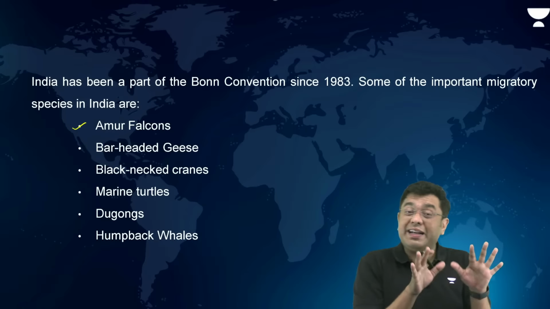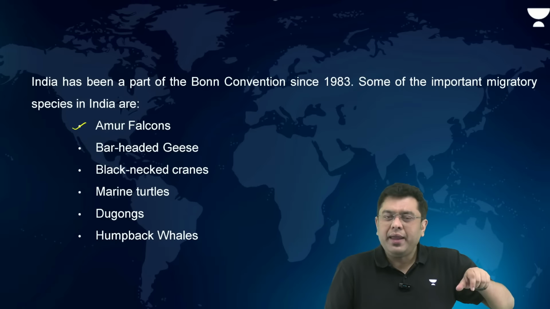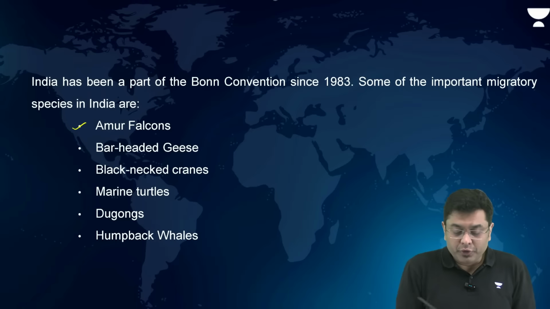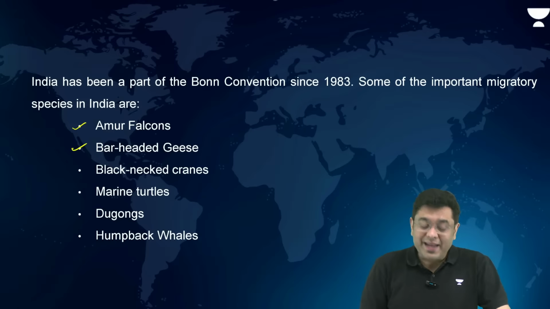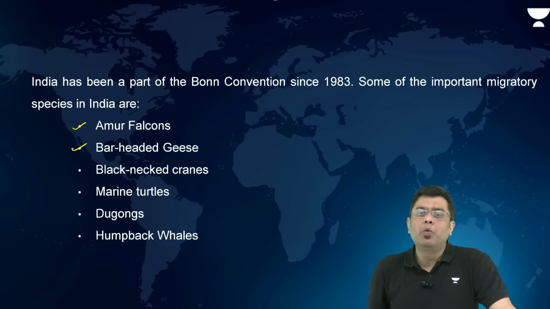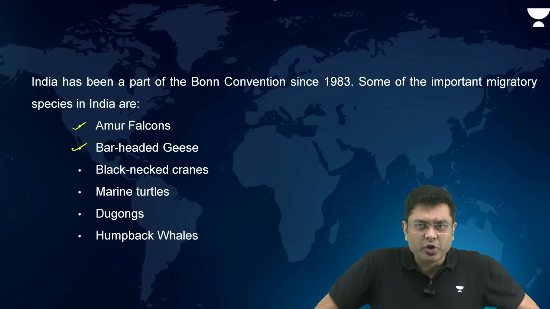We have covered that in places in news separately as well. So they use the flyway, they take a stop in India, right? So that is one of those bar-headed geese, black-necked cranes, marine turtles, dugongs, humpback whales. All of these are under protection of conservation of migratory species.